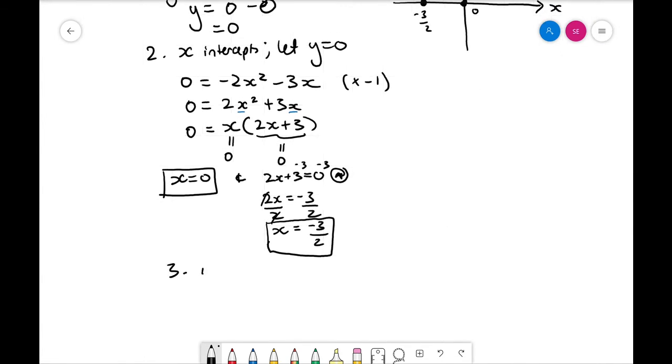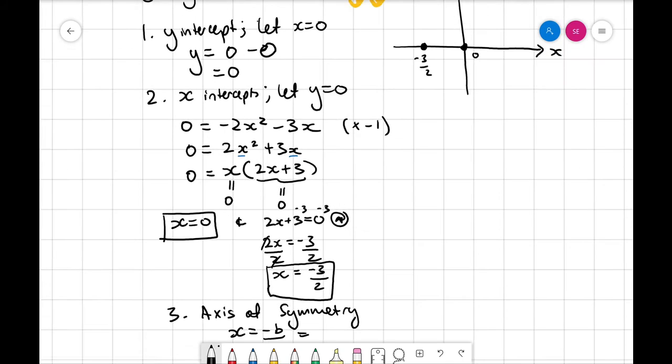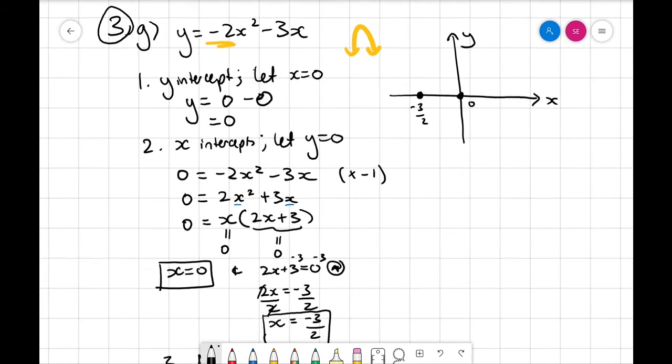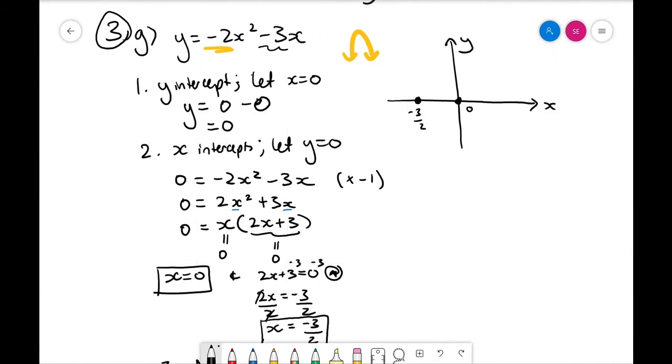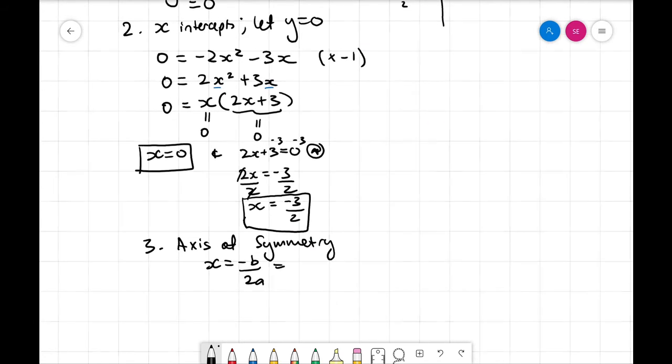Alright, let's do our axis of symmetry. Again, you can find the midpoint between the two x-intercepts, but I'm going to use this formula again, as it always works. So minus b on 2a. Well, our b here is minus 3.